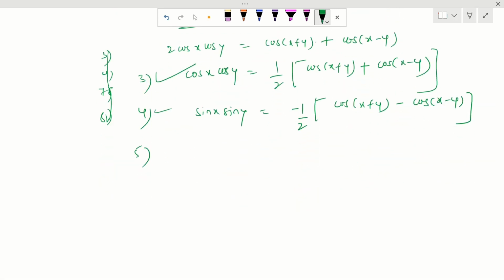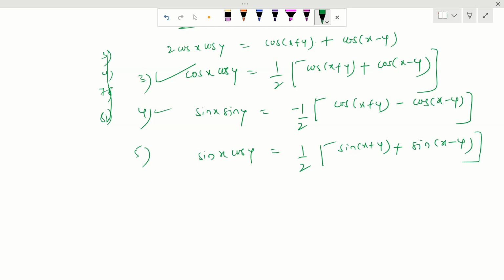From the fifth equation, we have sin x cos y equals 1 by 2 of sin of x plus y plus sin of x minus y.